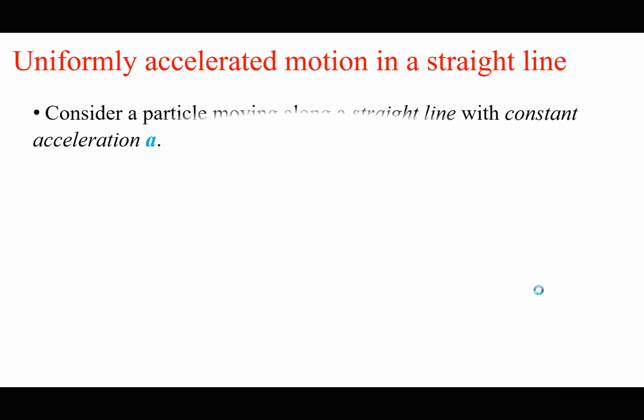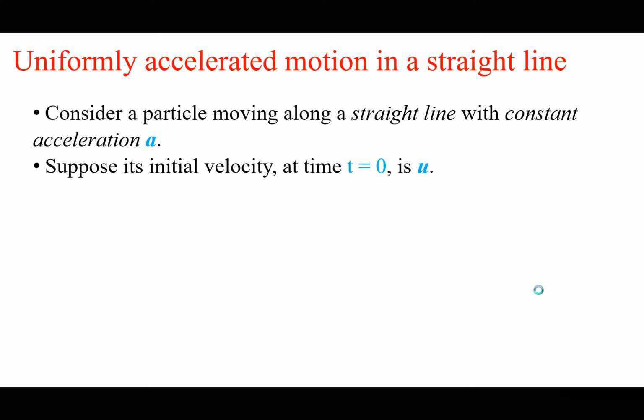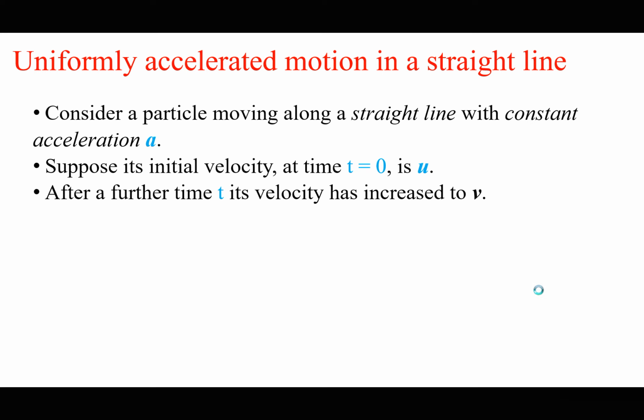So let's consider a particle moving along a straight line with a constant acceleration, call it a. Suppose at time t equals 0, that is initially, the velocity is going to be called u. Then after some time t, the velocity has increased to v. So there is a change in velocity.